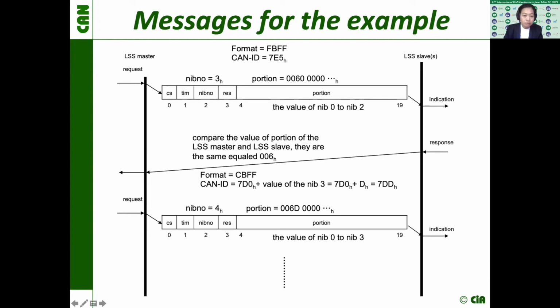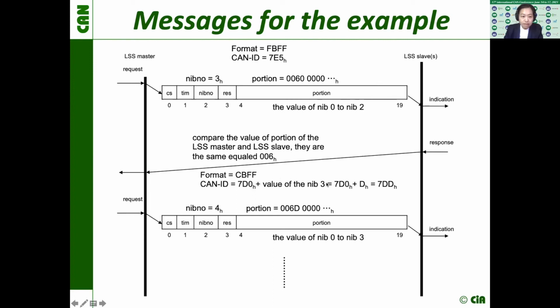So the LSS servers get the requests, and after comparison, if the values match with each other, then this LSS server sends a response with a CAN ID containing the value of the neighbor 3.